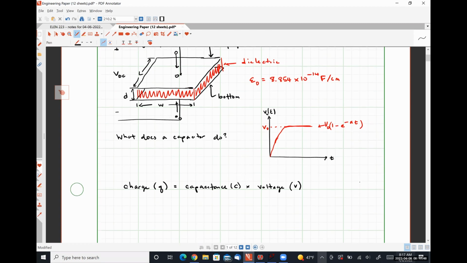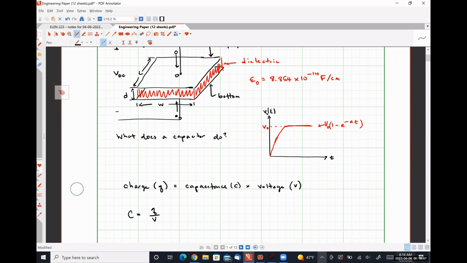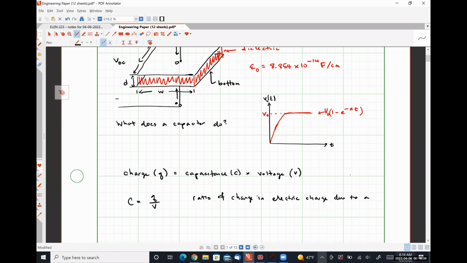And so from this relationship, we can define capacitance C as simply the ratio of the charge stored on the plate divided by the voltage that we apply to put that charge on the plate. So this is the ratio of the change in electric charge due to a corresponding change in voltage.